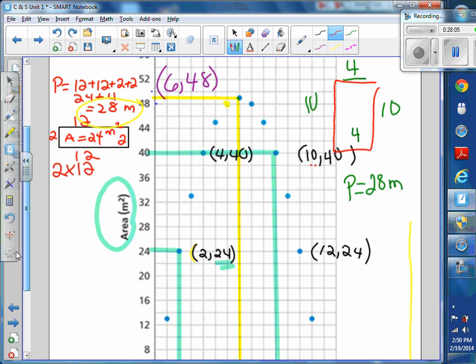Do you remember what I was trying to show you guys? That if you look, say, at these 2 points right here, they both have a perimeter of 40, and the dimensions are 4 by 10. Right? And these 2 down here both have a perimeter of what? And the dimensions are 12 and 2.